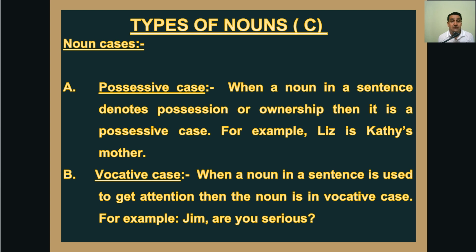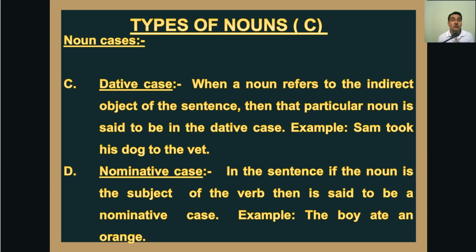For example, Jim, are you serious? Then the next one will be dative case, when a noun refers to the indirect object of the subject of the sentence, then that particular noun is said to be in the dative case. Example, Sam took his dog to the vet.